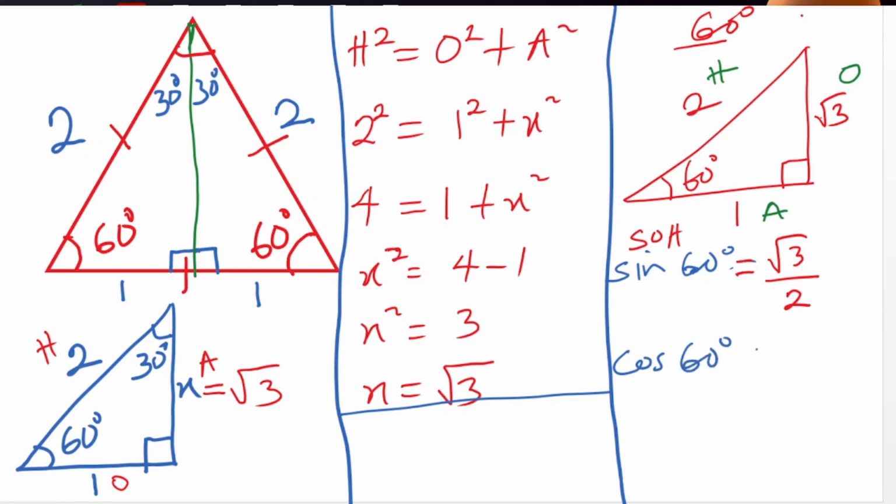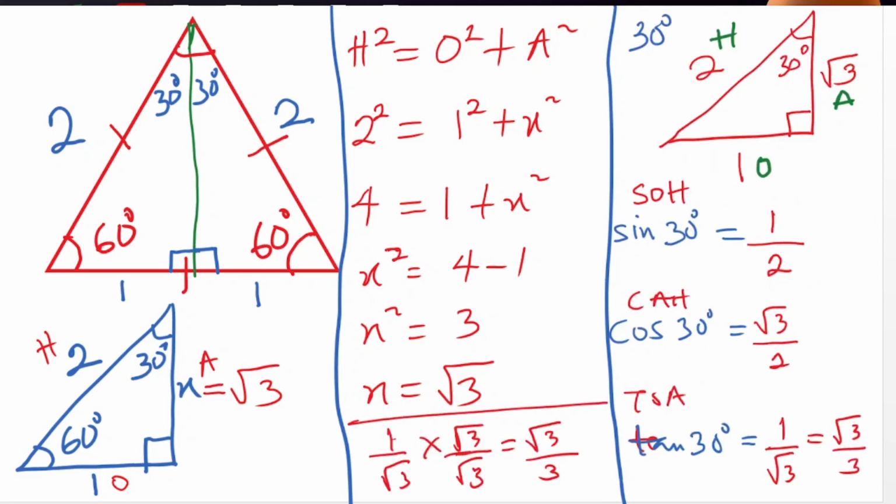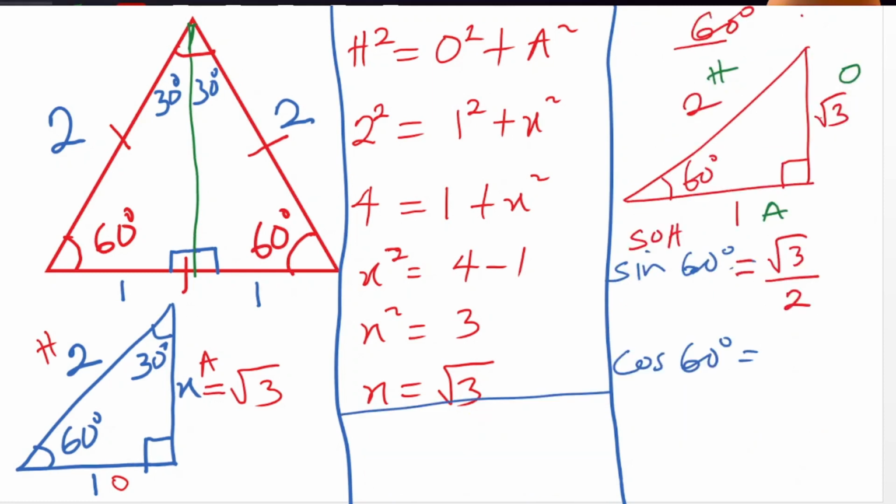A student might ask, why can't we do what we did here? We can't do that because what we have at the denominator here is a rational number, a natural number, not an irrational number like root 3.